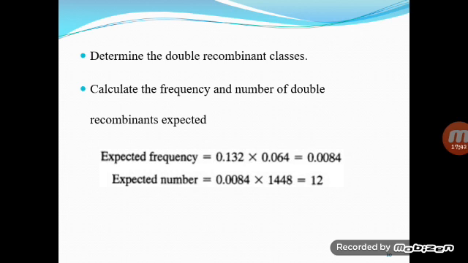If we multiply this by 100, it will be the percentage of this expected frequency. Then what will be the expected number? Expected number is the expected frequency multiplied by the total number of progeny of Drosophila flies. The answer is 12. So expected number is 12.